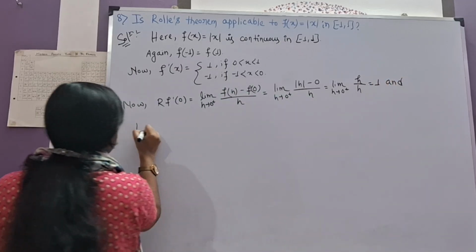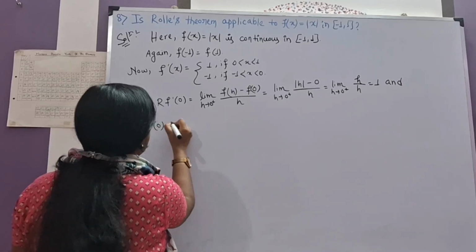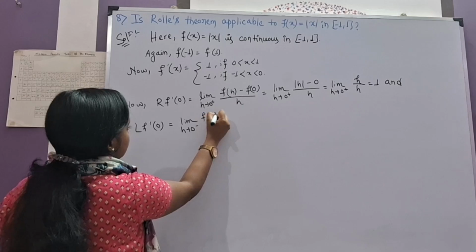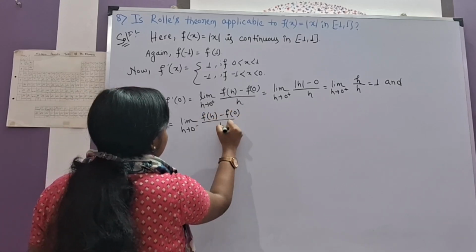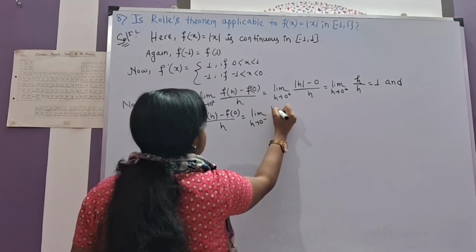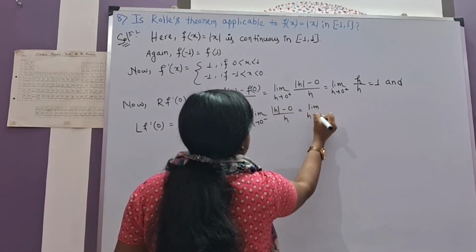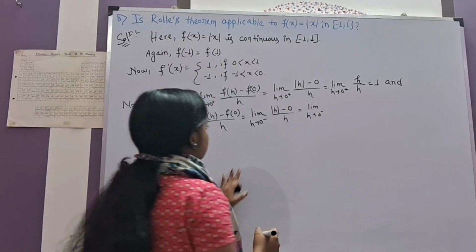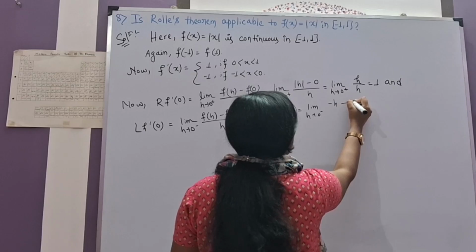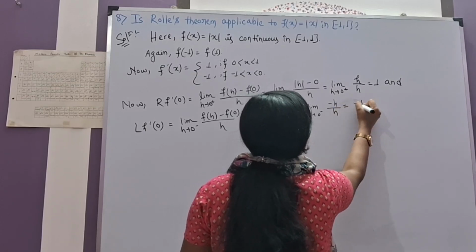And left hand limit of f dash of 0 equal to limit h tending to 0 minus of (f of h minus f of 0) by h, equal to limit h tending to 0 minus of (mod h minus 0) by h. Since h is tending to 0 minus, mod h will be equal to minus h, so minus h by h equal to minus 1.